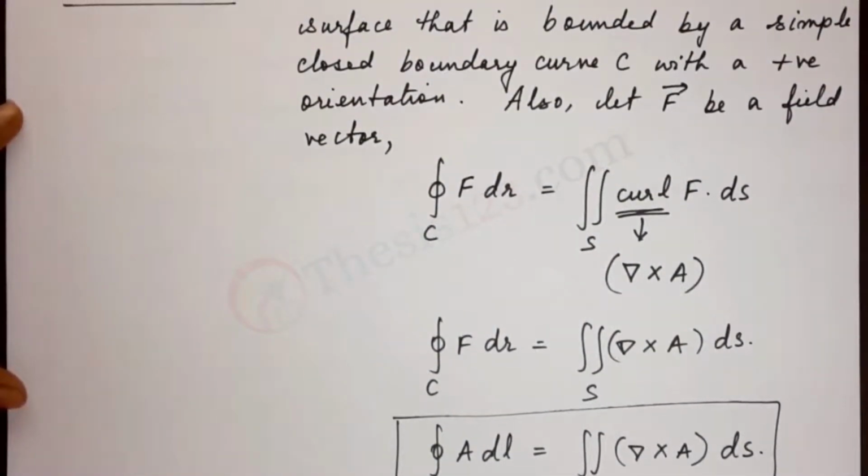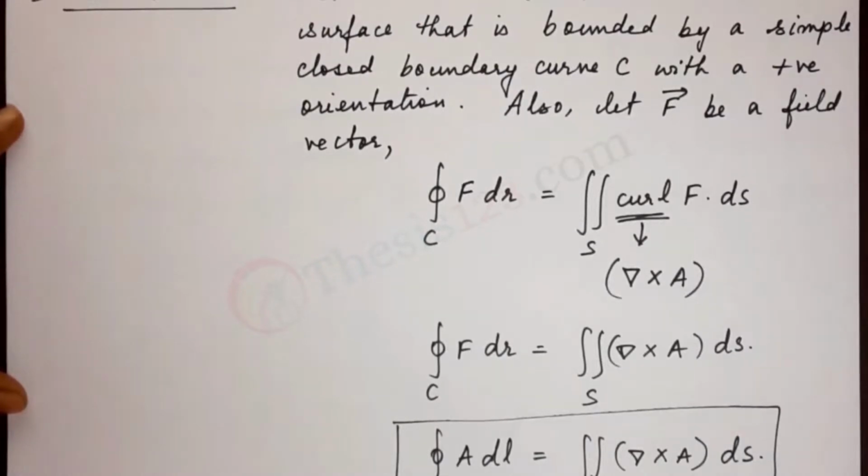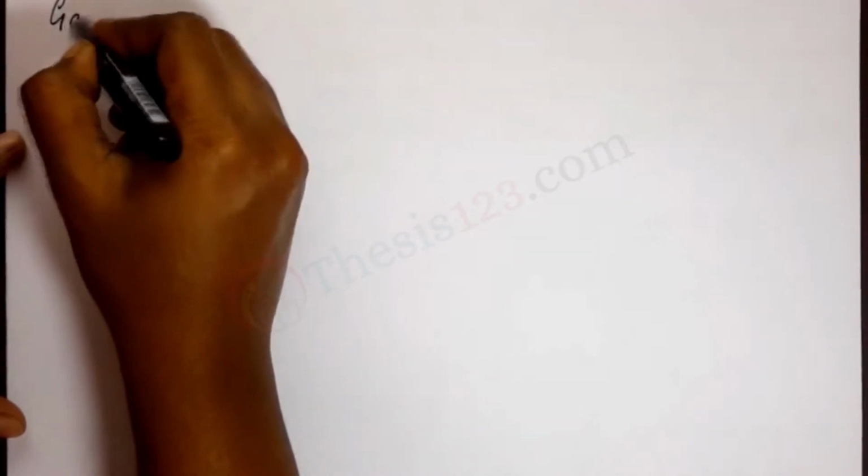Let's look at the next one, Gauss's theorem. Now, at times Gauss's theorem is also called as divergence theorem, but here we have that as an option as well. So let's be very careful, okay? So here we have next Gauss's theorem.